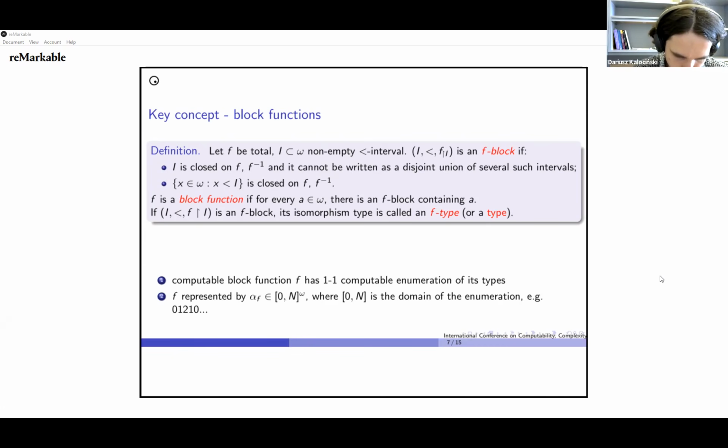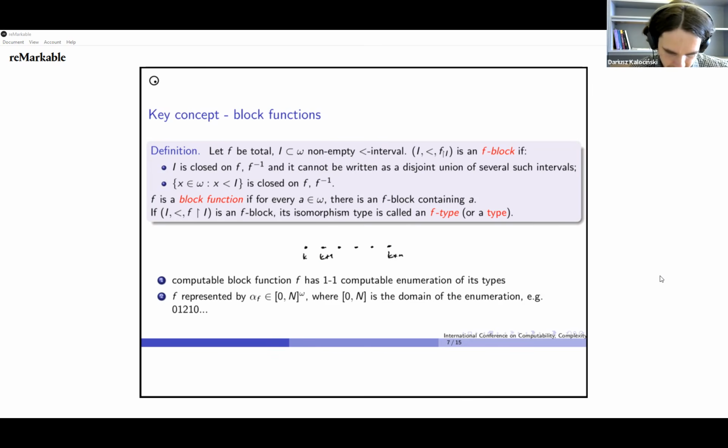So let f be a total computable function, unary, and consider a non-empty interval I of natural numbers, along with ordering restricted to this set, and along with the function restricted to this interval.